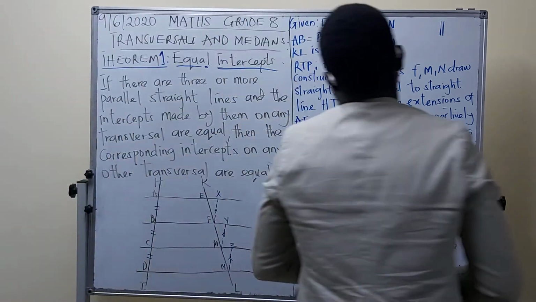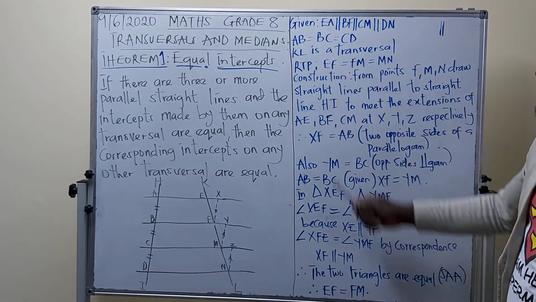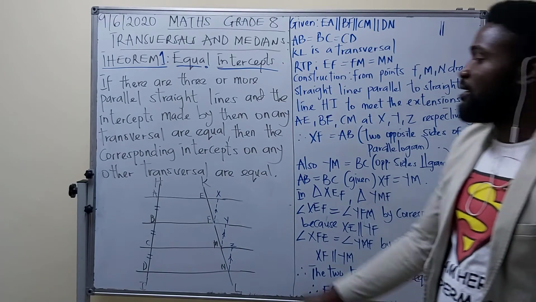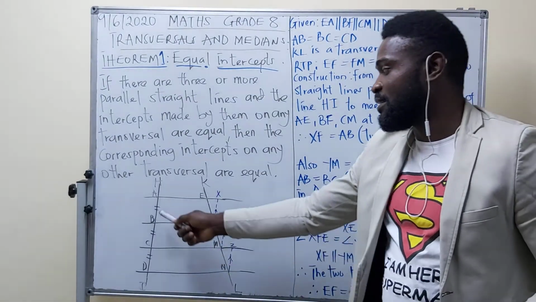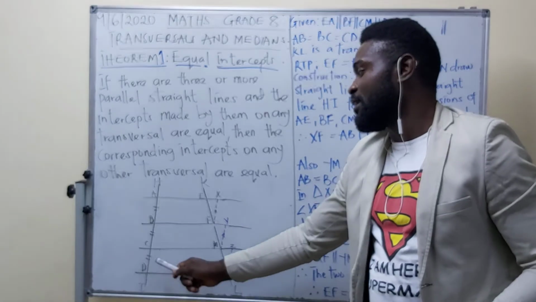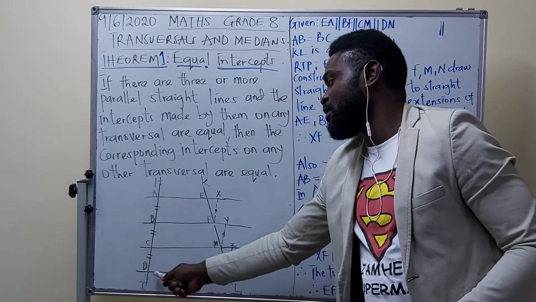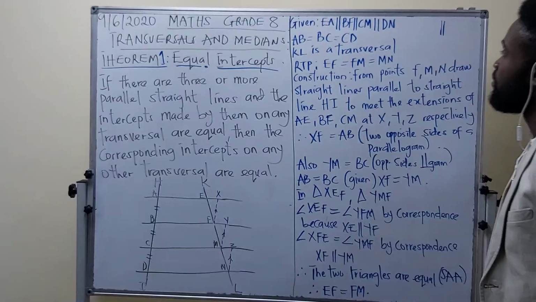Now, let's move ahead. AB equals BC equals CD. This is another thing that we have been given according to the first transversal: the spaces between points A and B, and B and C, are all equal.